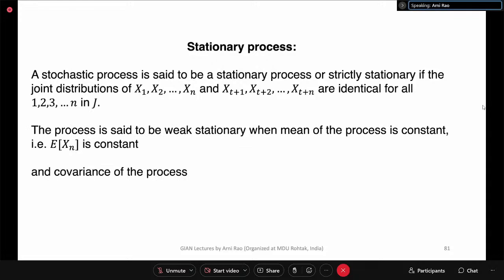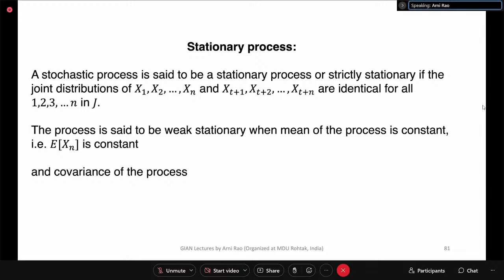Before we see some examples: a process is weakly stationary when the mean of the process is constant. How to compute the mean is a statistics part we are not touching here; this course is about the stochastic nature. The mean is the expectation of xn, and it is constant.